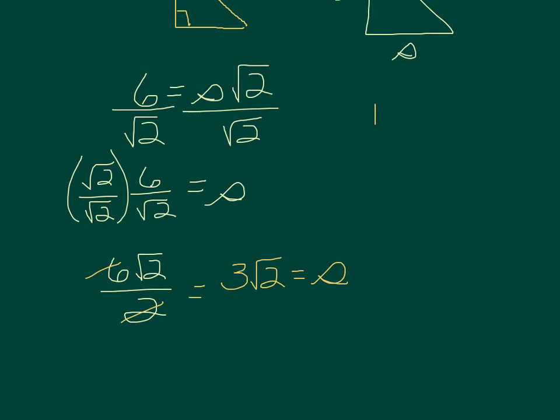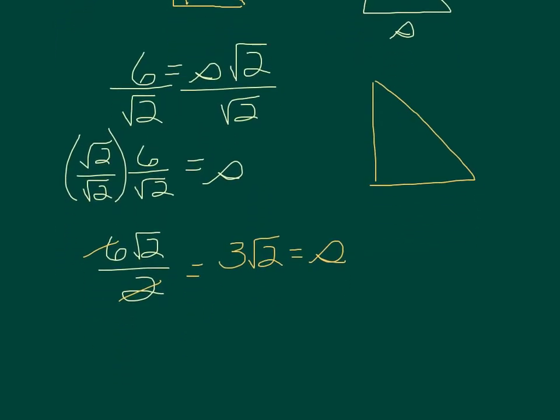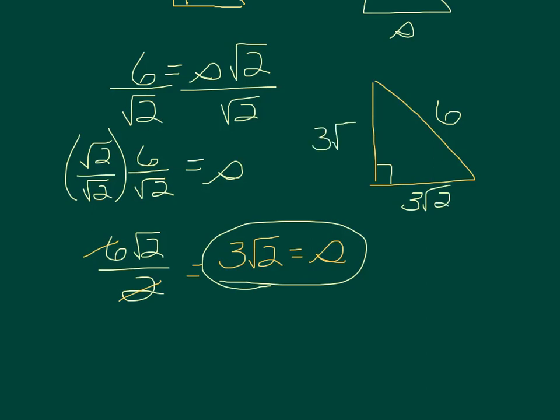And so this 45, 45, 90 right triangle becomes, make sure I get it right, our hypotenuse was 6, and the length of our sides are 3 root 2 and 3 root 2. And this is our 45-degree angle. Okay, you want to check it?